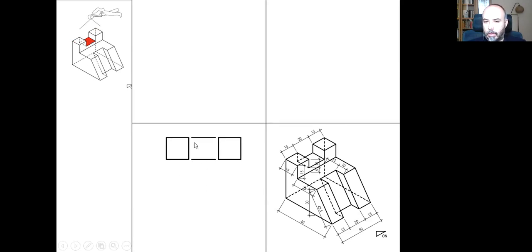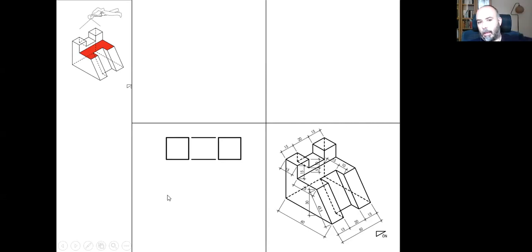So I can add 2 lines here, but if I want to indicate that there is a level difference, I can leave 2 tiny gaps for the intersection, and this will be giving the message that this red surface here is a little bit lower than these 2 square surfaces. There is a level difference.